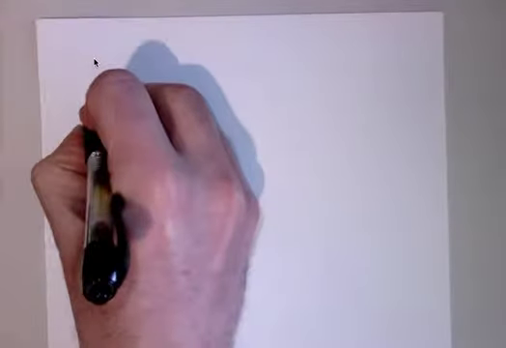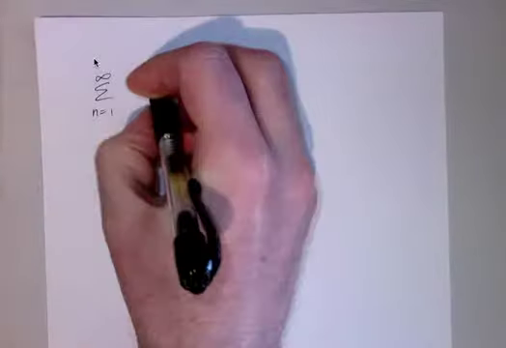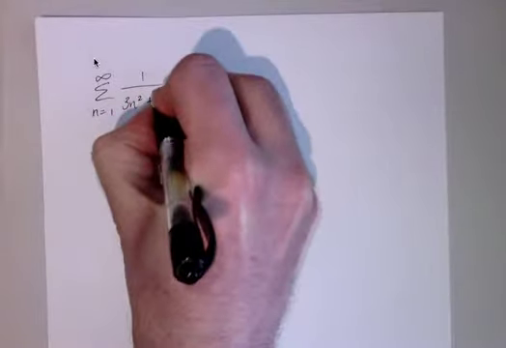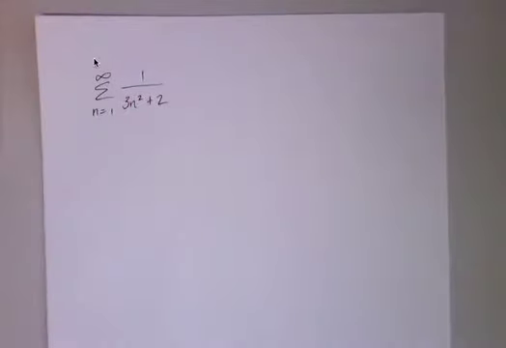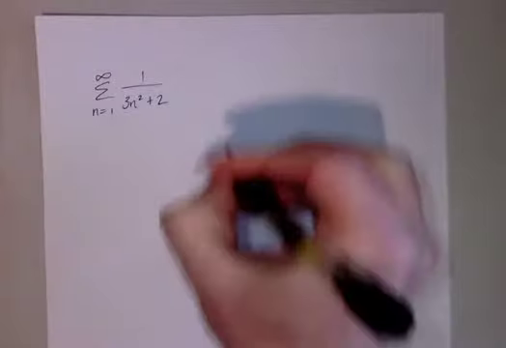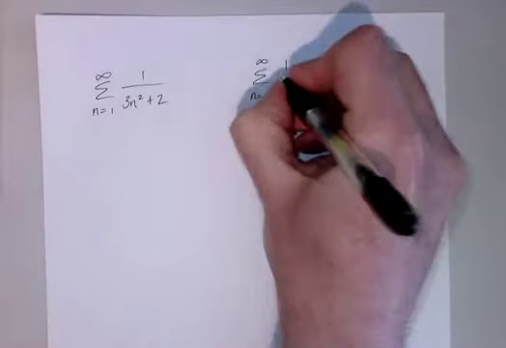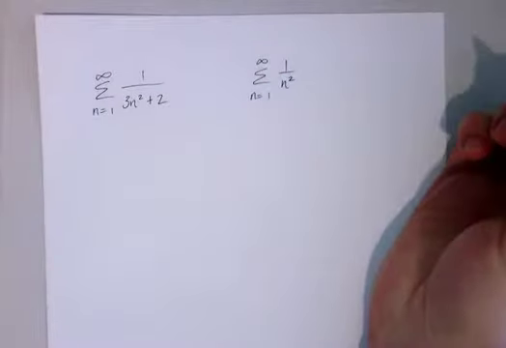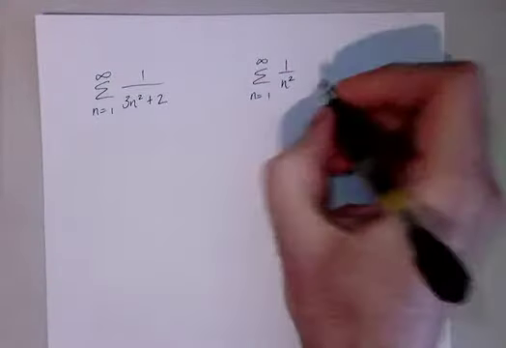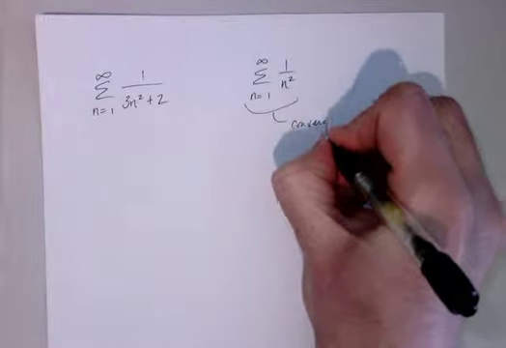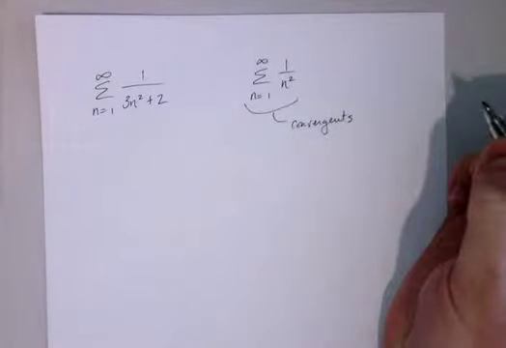Alrighty. Well, let's go ahead, and we know sigma n equals 1 to infinity of 1 over 3n squared plus 2. Well, we happen to know that 1 over n squared is convergent, right? This is a convergent p-series, okay?